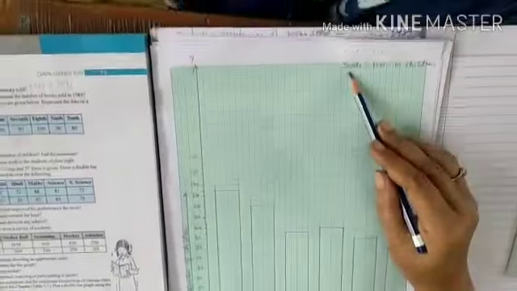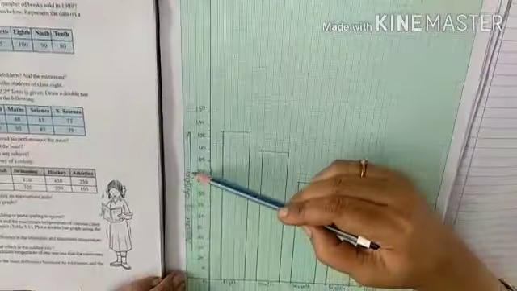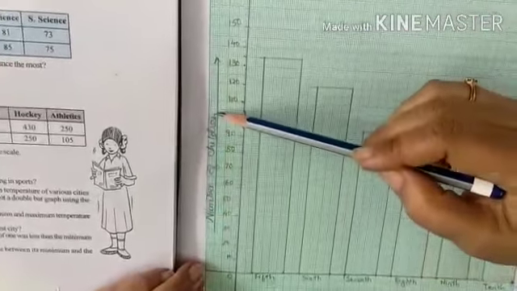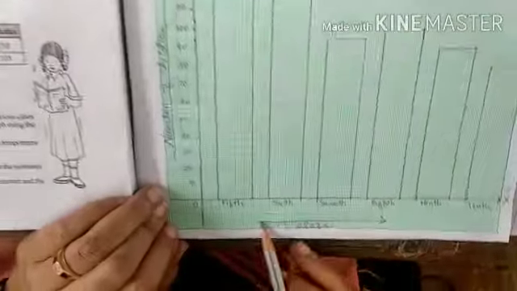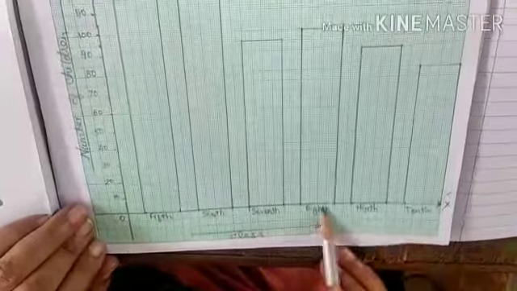The scale you have to write here: 1 centimeter is equal to 10 children. Also write number of children. Put an arrow and write number of children on the y-axis. Put an arrow, write down class on the x-axis and mention the classes.